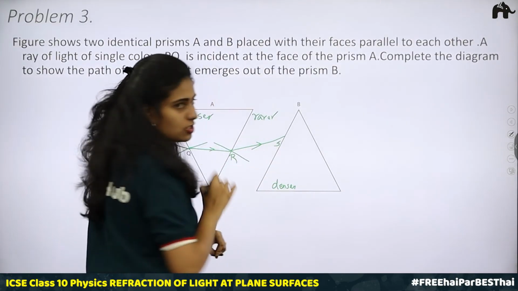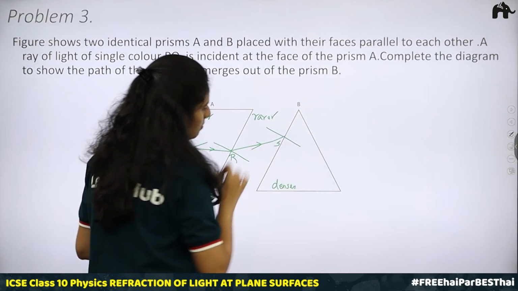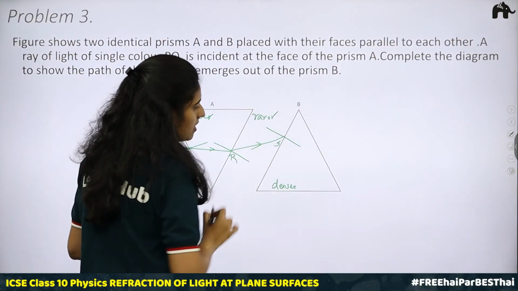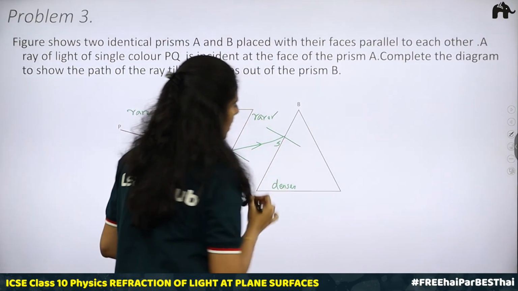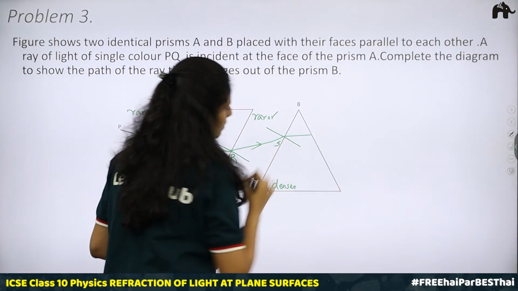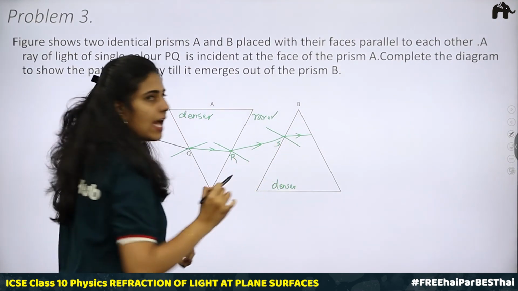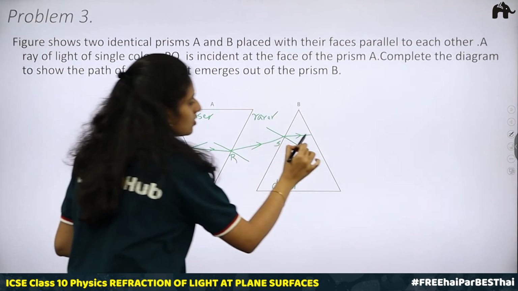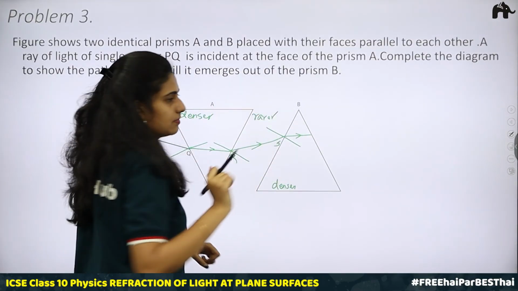Here S is the point of incidence for prism B. I have drawn the normal. Now the light ray, actual path: this will be the actual path. The light ray bends towards the normal. So here you will be getting the light ray. Show the direction; you have to put the arrow marks. So here you have the first refracted ray for prism B.